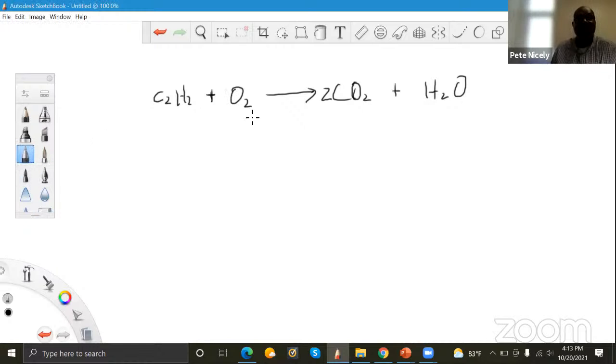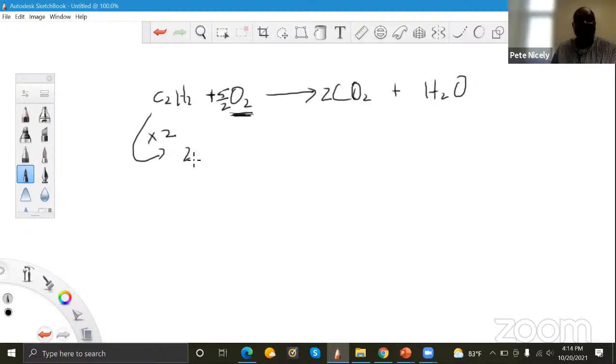So you'll notice that you have 2 oxygens here, and you have a total of 4 plus 1, 5 oxygens on the right. So what I would do is put a coefficient of 5 over 2 in front of the oxygen. But of course, you know that you can't leave this like this because you want to have integers for coefficients. So what we do is multiply the entire equation by 2.